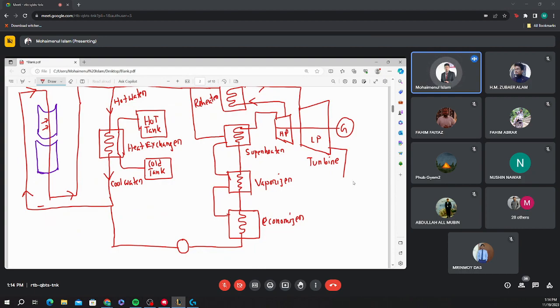It requires more condensation and then turns into water. So we need one condenser here, and it is connected again to the economizer. And we need cooling tower here.